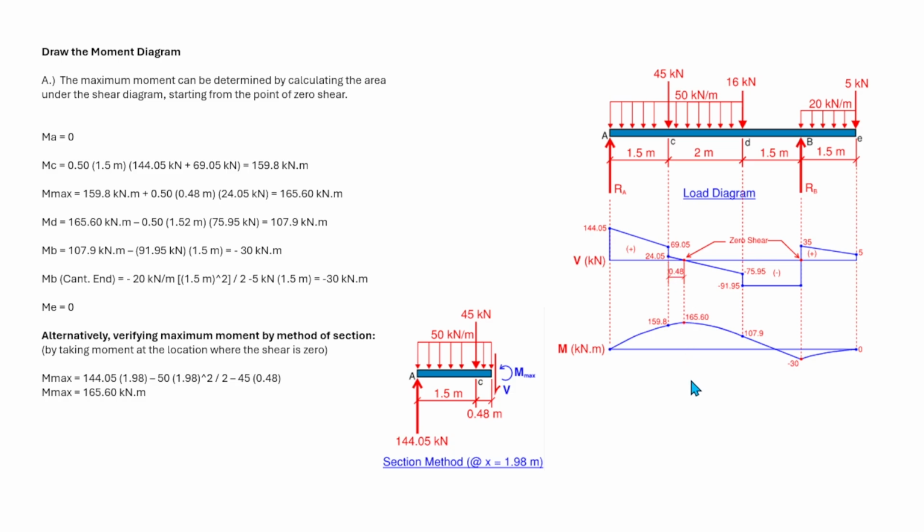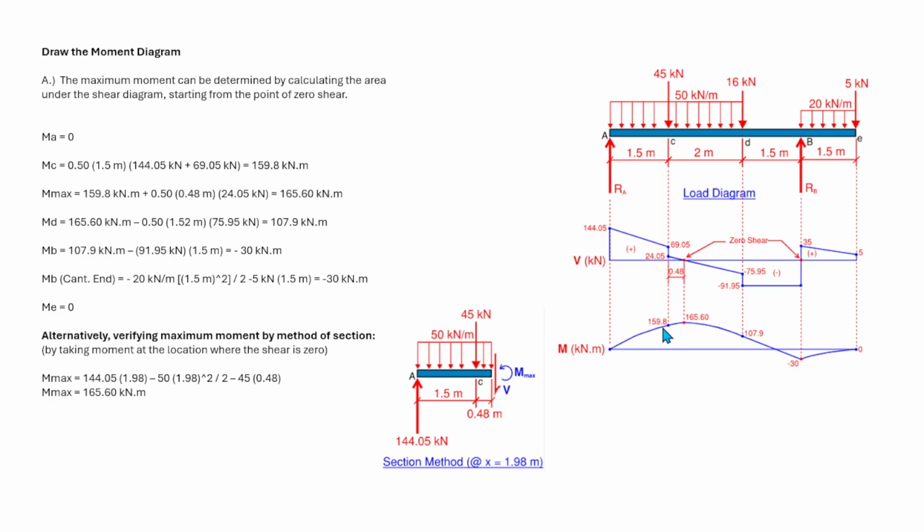And by the way, guys, for those who are not familiar with the moment diagram, let me explain how I came up with this diagram for the moment. From A to C, this is second degree because our shear diagram is first degree.